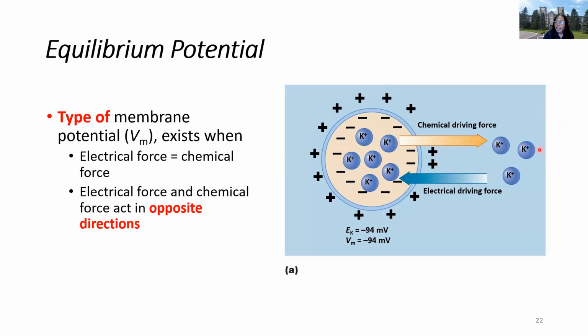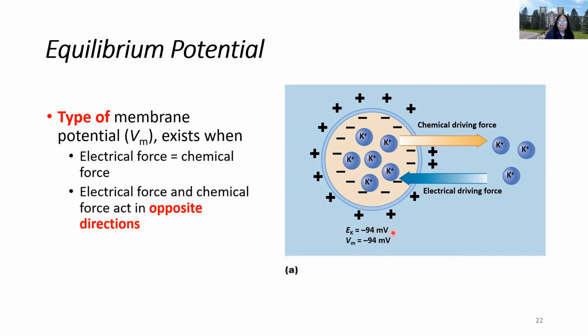If we were to look at a cation like potassium, potassium's equilibrium potential is -94, right? And basically every single particle has their own equilibrium potential. It's the specific value, and it will differ for each ion, right? For potassium, the value is -94 millivolts.